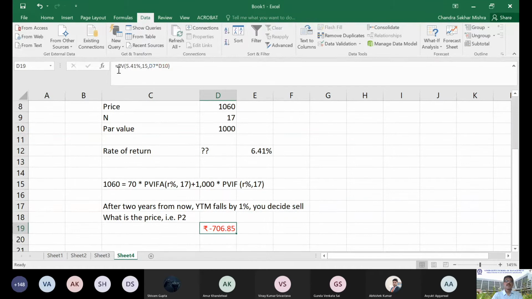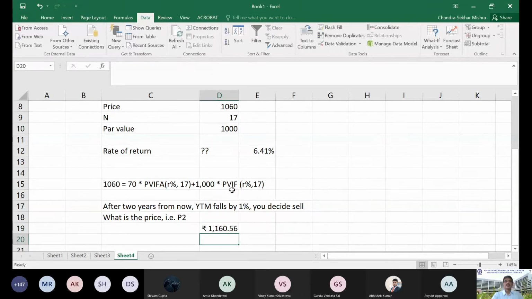I have to keep the value negative here. Then plus my principal amount back. Principal is how much? 1000 divided by 1 plus 5.41% to the power 15. It comes to 1160.56 or so, right? So at the end of second year, you will be able to sell the bond at 1160.56 rupees. Okay, right? You got that?